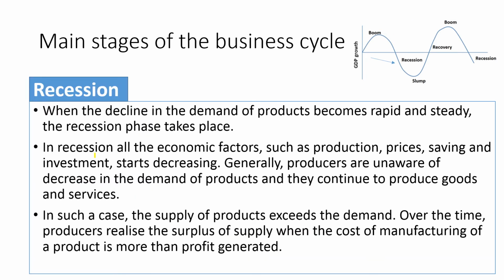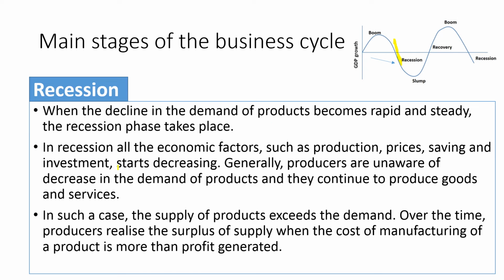Okay, so the next stage that we're going to talk about is recession. Recession is this point here, when from boom we're going down to recession. So when the decline in the demand of products becomes rapid and steady, the recession phase takes place.